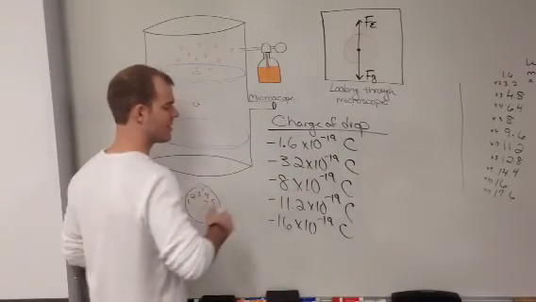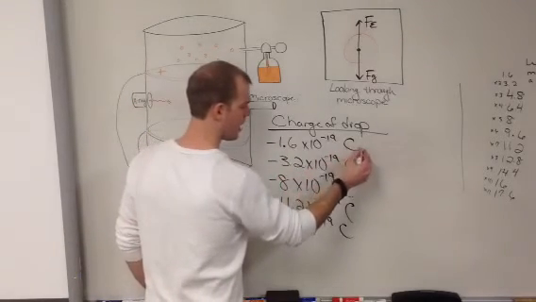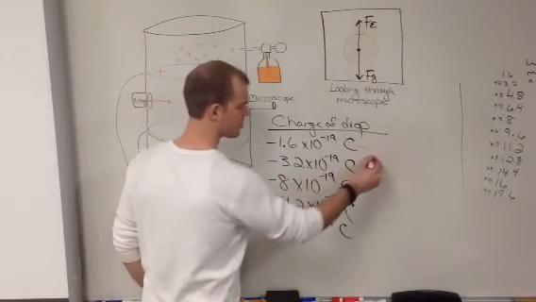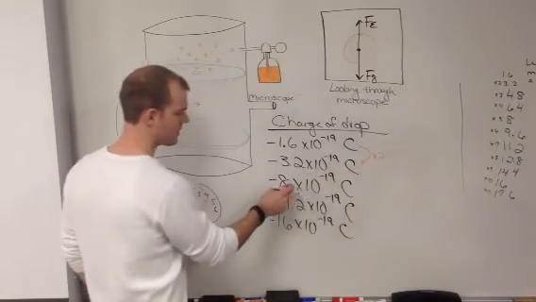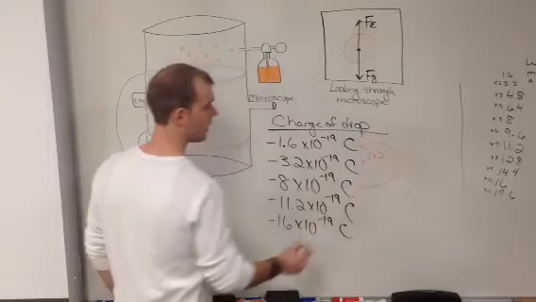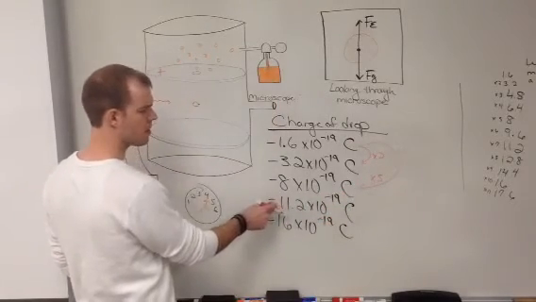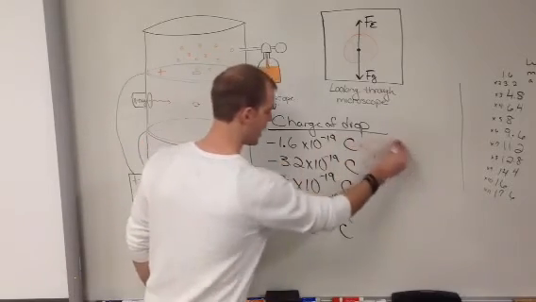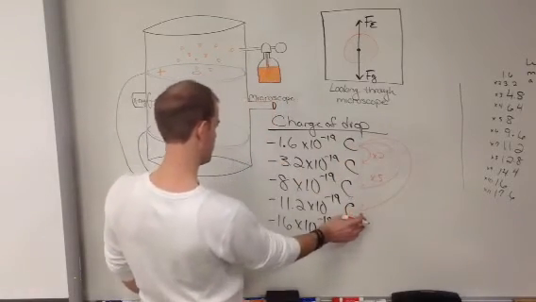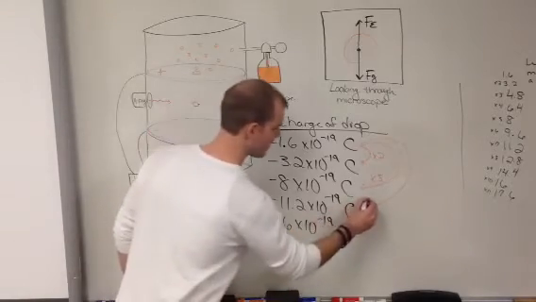Well, what he finds is, if I take this number and divide it by this number, I realize that this number is twice as big. If I take this number divided by the smallest number, I realize that it's 5 times as big. If I take this number and divide it by the smallest number, I realize that it's 7 times bigger.